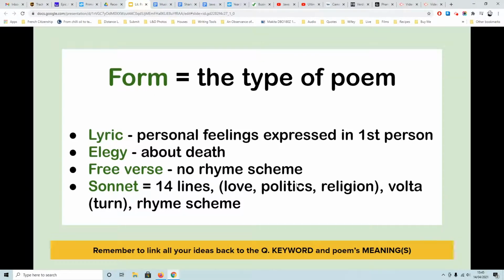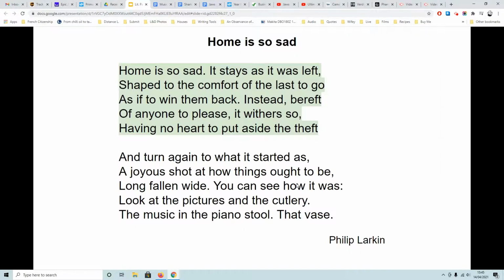Okay, so let's try and apply those ideas about form to the poem we've been looking at. All right, so there isn't an awful lot to say here. I think already we talked about in language that there was a funereal or melancholic or disconsolate, hopeless sense to the domestic space being a sad and melancholic place.